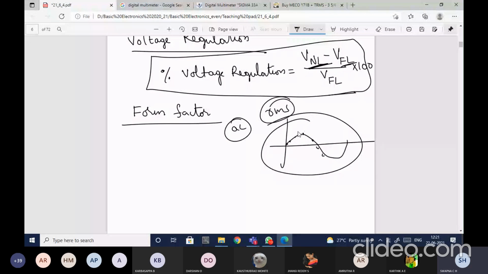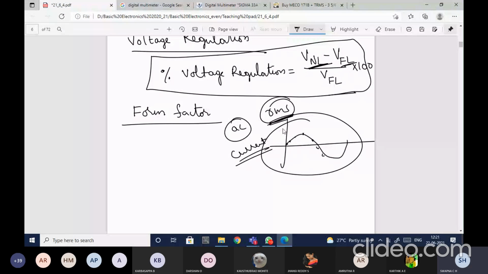So practically, when you try to measure the AC current, let me take the example of current, it will give you the RMS value. This is what happens practically. But theoretically it is difficult to calculate the RMS value.